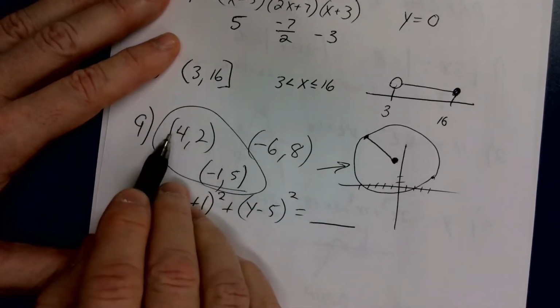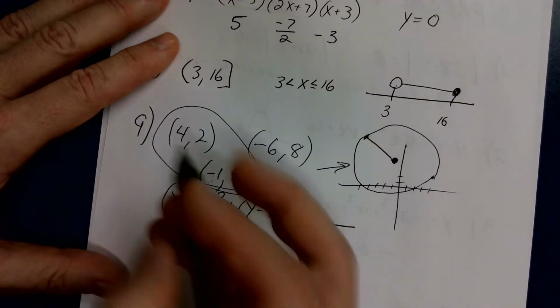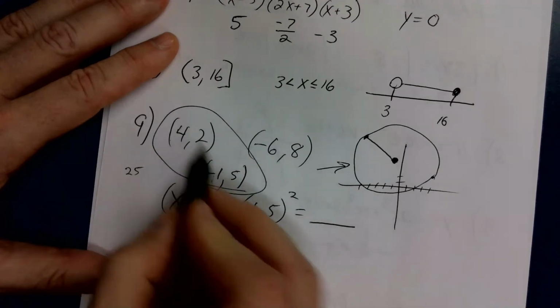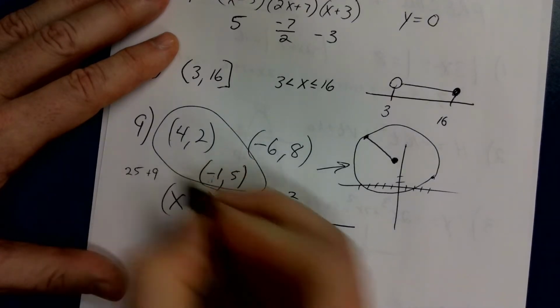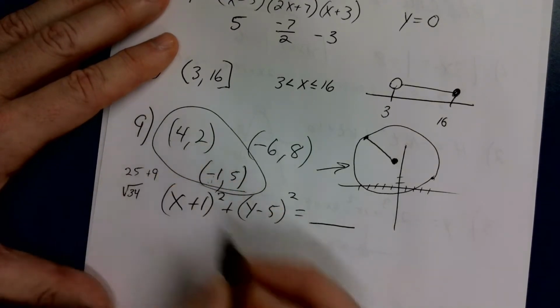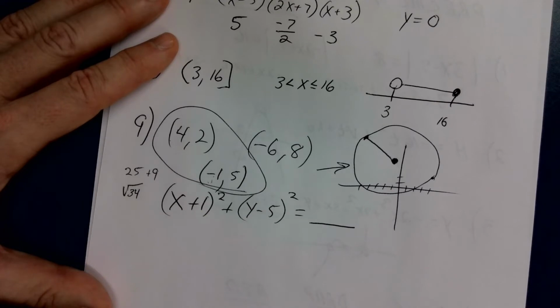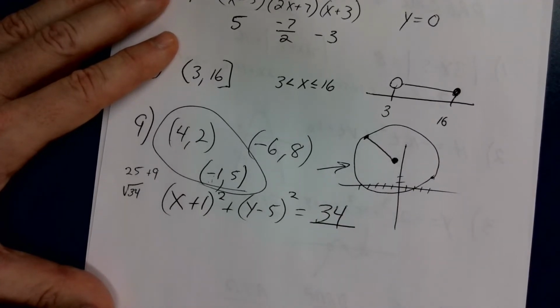The difference in the x's is 5, and squared, that's 25. And the difference in the y's is 3, and squared is 9. So the radius is the square root of 34, what you get when you add those together. But the formula has the radius squared, so you can just write 34.